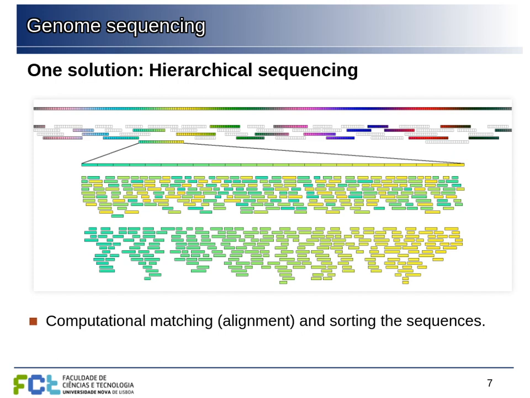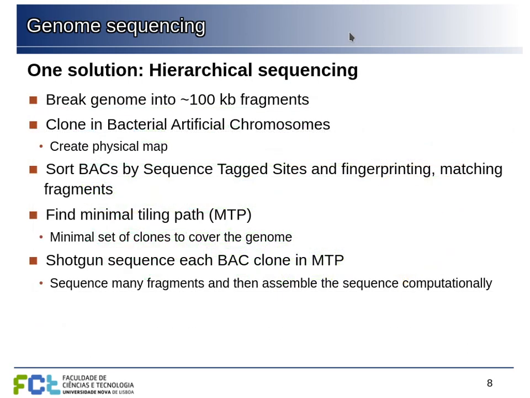This is something that reduces the computational cost of this step, because now we are doing this shotgun sequencing and assembling only on each of the fragments, but it requires a lot of lab work to do this initial mapping and to know where in the genome each of these fragments lies. So basically this way we need to do all of this work of creating the physical map and sorting the artificial chromosomes in the whole genome using this information, sequence tag sites, fingerprinting, and so on.